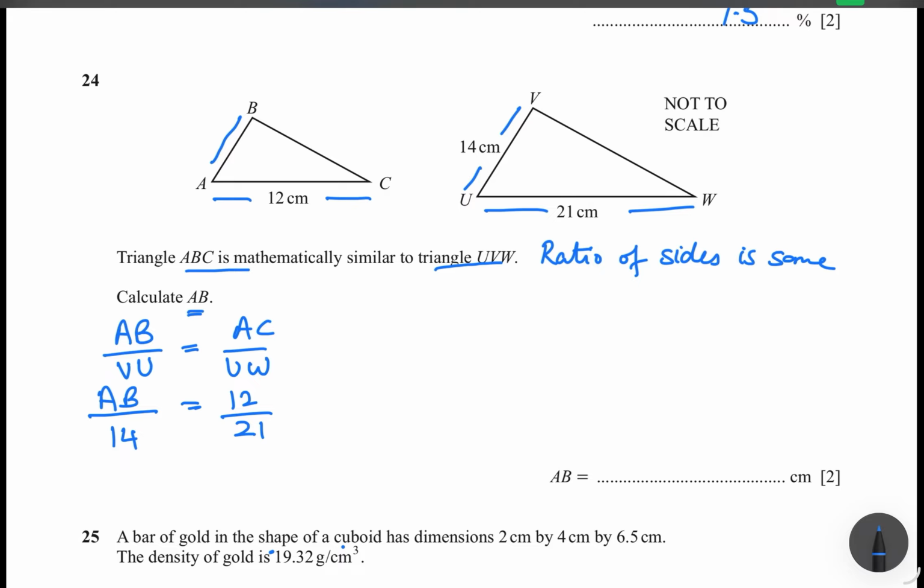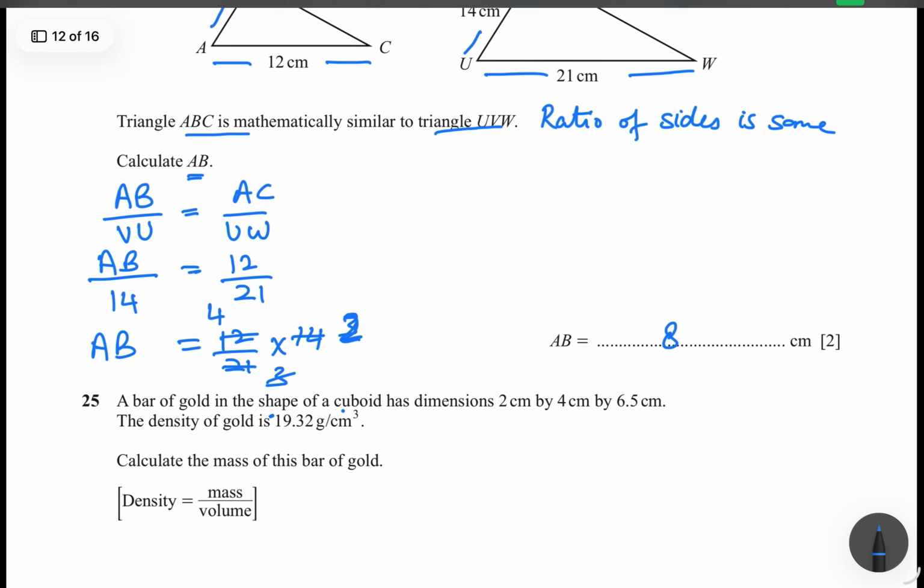Now we will find the value of AB, that is 12 over 21, and this 14 is going to multiply. So 7 times 2 is 14, and 7 times 3 is 21, and then 3 times 4. So we are left with 9 times 2, that is 18. So the final answer is 18.